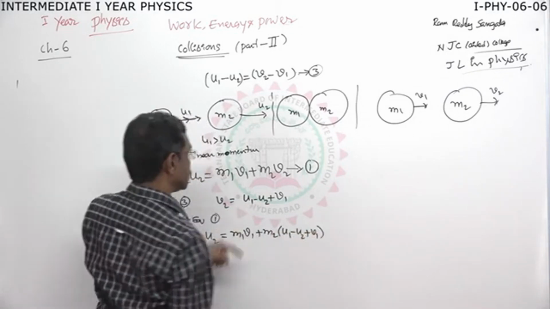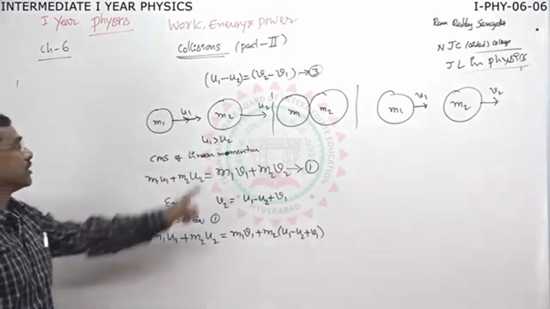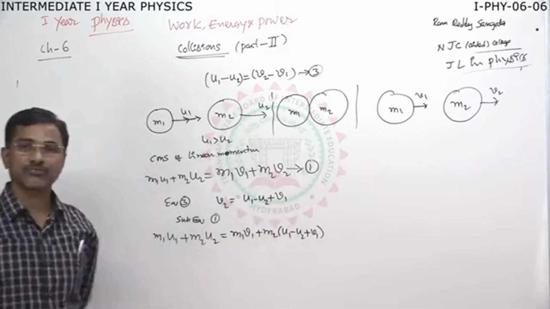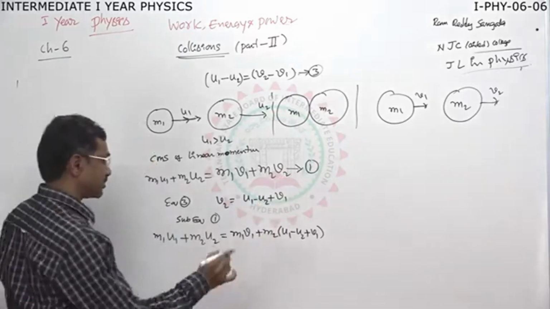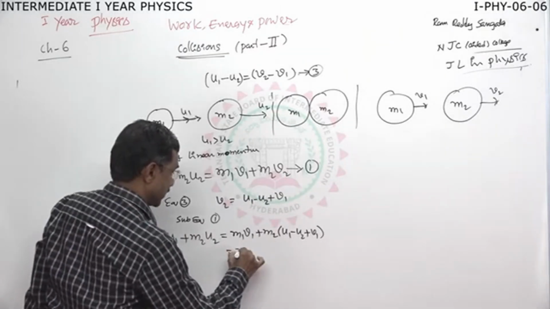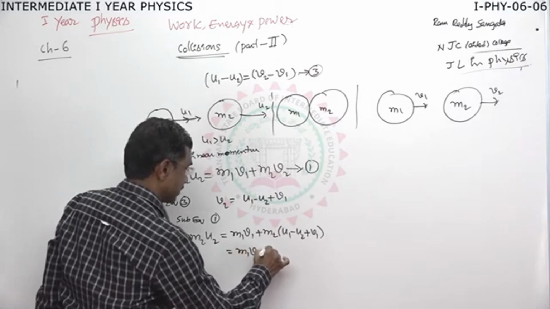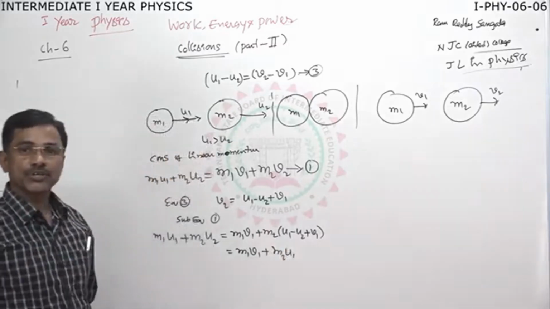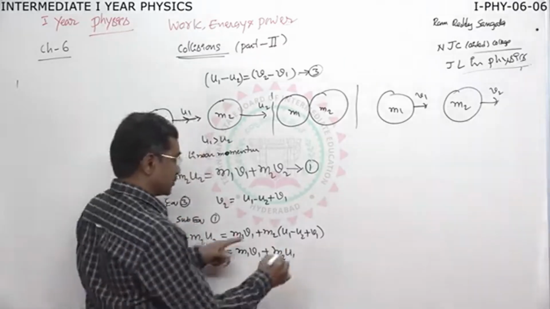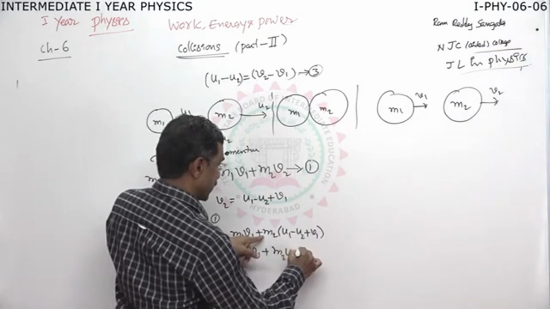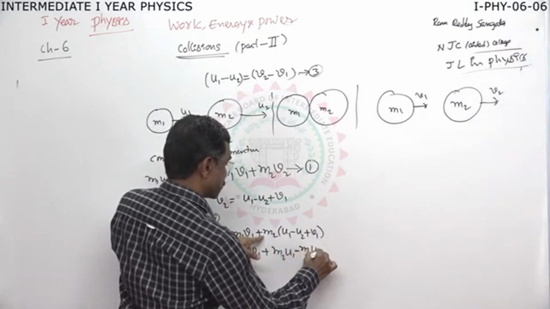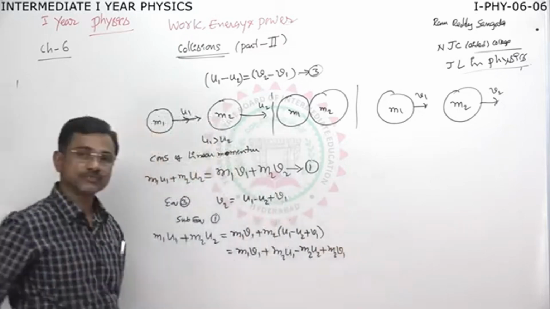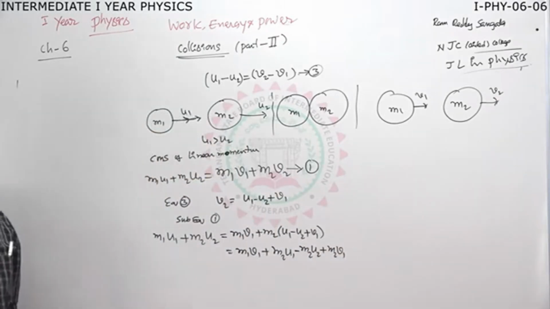Be careful when you are substituting. V2 is eliminated; wherever V2 is there, you substitute this value and simplify. Now m1 v1 on the right-hand side, and you expand the bracket: m2 u1 minus m2 u2 plus m2 v1. Just expansion of the bracket, nothing else.